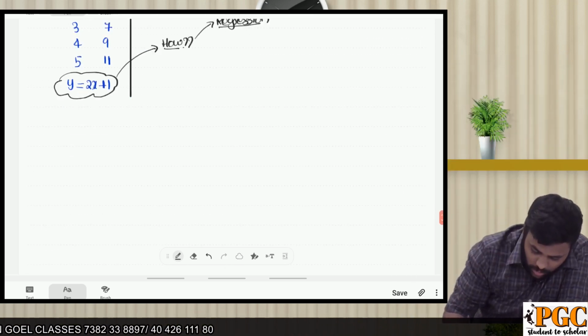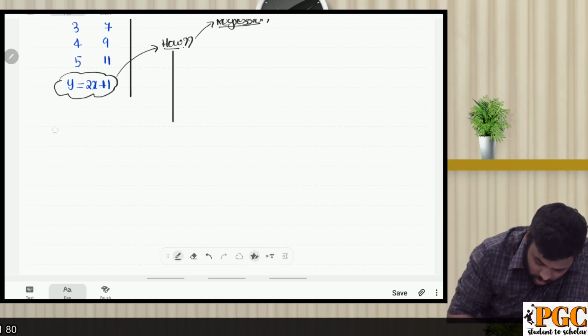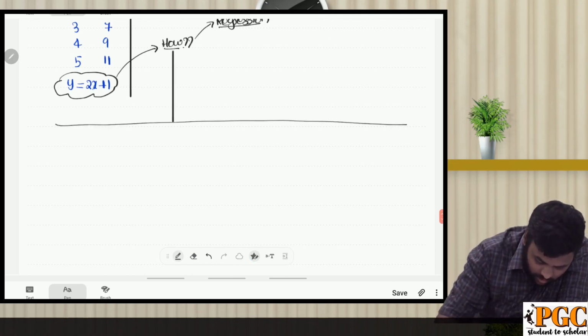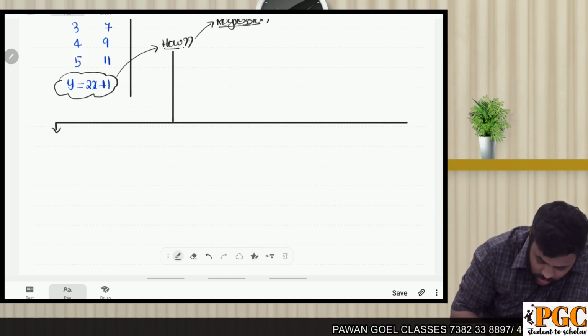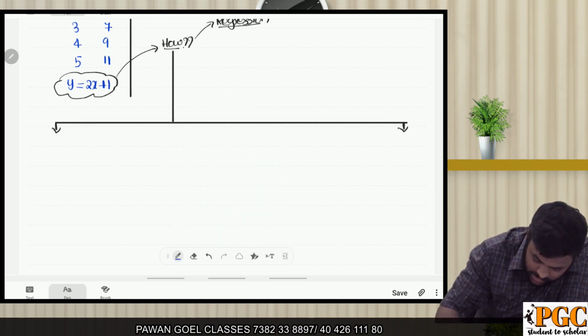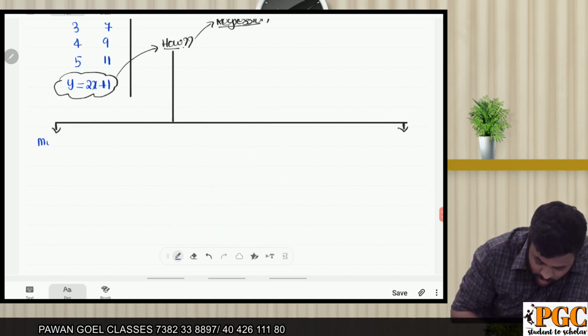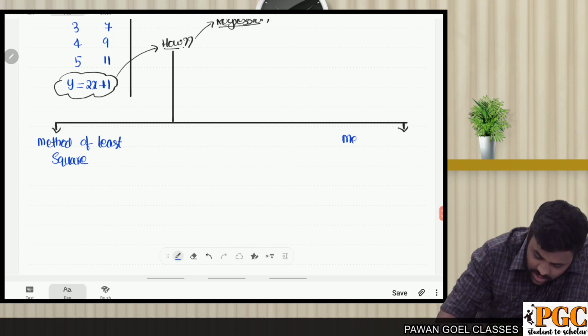Now how to compute it? How to compute these equations? In order to compute this equation, my dear friends, we have two different methods. Now what are those two different methods? Those two different methods are the method of least squares, and the next method is the mean deviation method.